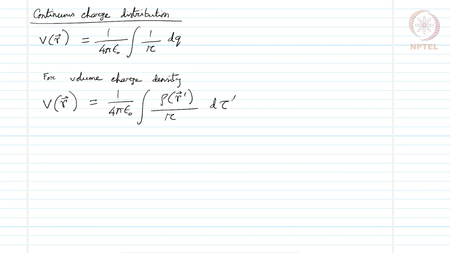This is a volume integral, and this is how we can find the potential directly from the given charge distribution without evaluating the electric field first. So, we are evaluating just the scalar in this case and not all three components of the vector. If we can do it easily, this would be a much more elegant way of dealing with the electric field.